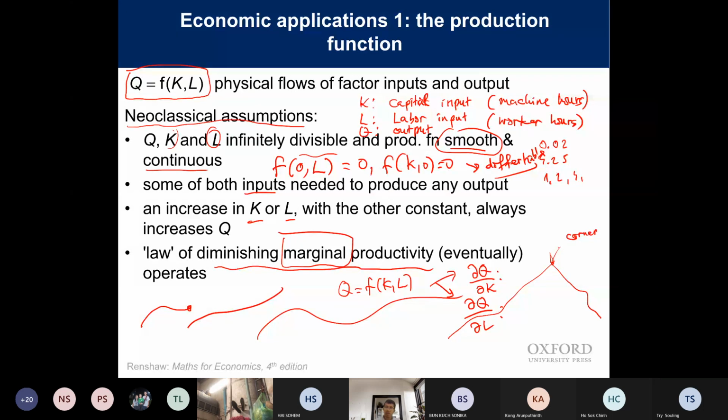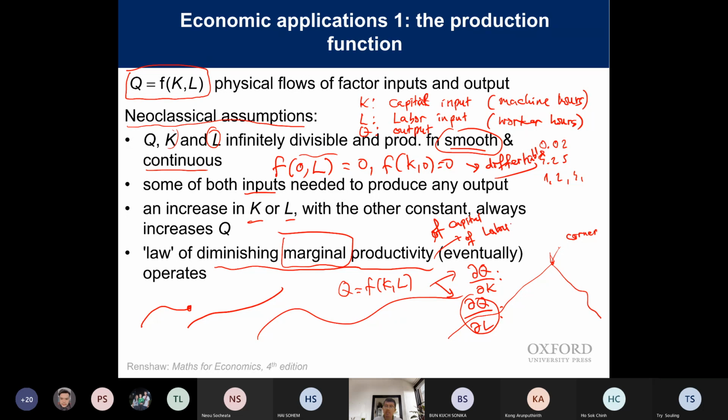For example, the partial derivative of Q with respect to K will be referred to as the marginal productivity of capital, while the partial derivative of Q with respect to L is called the marginal productivity of labor.